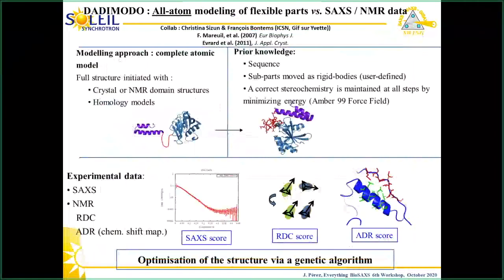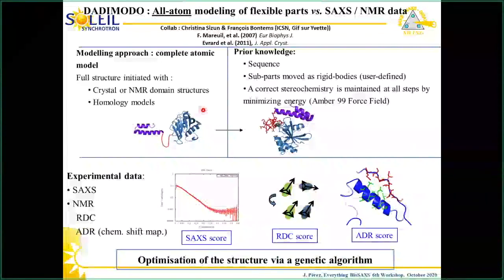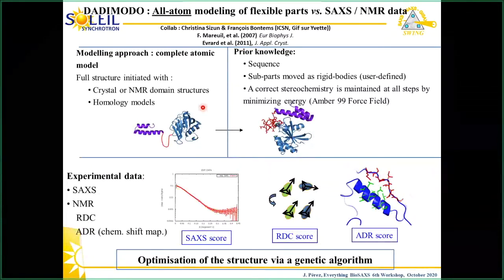So let's come now to the second part of the strategy. The second step relies on a completely different program that you can maybe compare to Bunch or SASREF. So it's a rigid body fitting program where the user must implement as an input the structure of the domains whose structures are known.